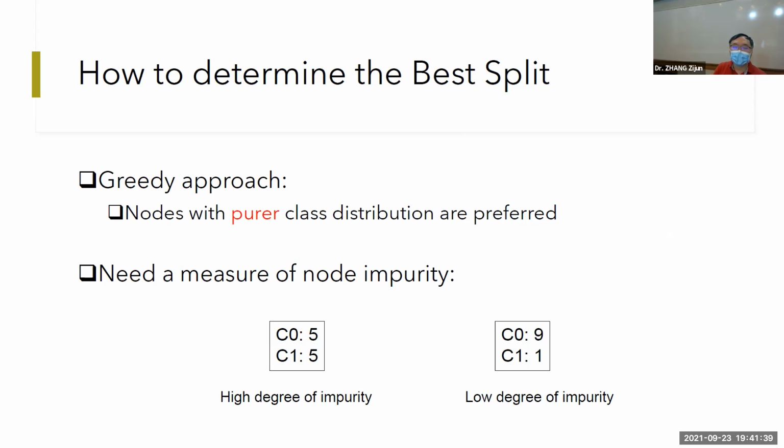Basically, for the splitting performance, we will use a term called impurity or purity to describe whether the split is good or not. A high degree of impurity is illustrated here.